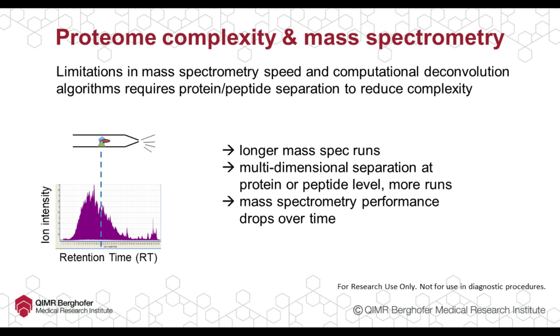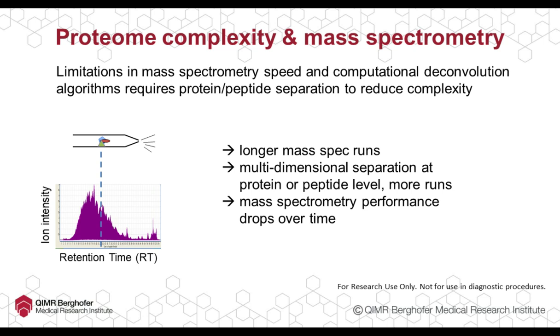So in considering the workflow, one of the important aspects to think about is the proteome complexity in the mass spectrometry. One of the limitations is the speed and the computational deconvolution algorithms that are needed to analyze the data. So in a sense, one needs to separate and reduce the complexity at the peptide or protein levels to allow increased proteome coverage so we can identify more proteins.